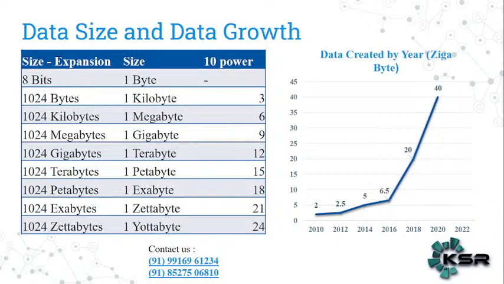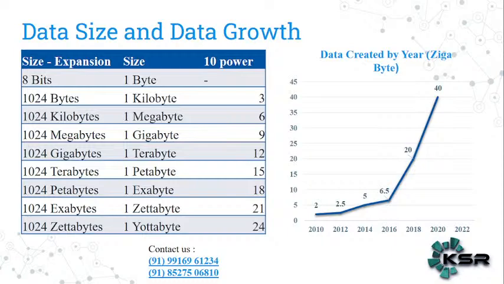All good. But the next thing is how much data we can do reporting on. If you see the data growth here, the data is increasing very rapidly. If you see from 2010 to 2020, it has increased from 2 gigabytes to 40 gigabytes.